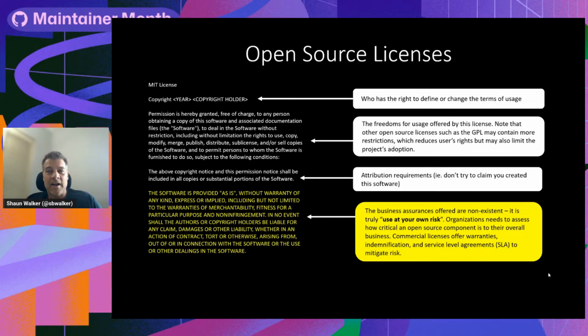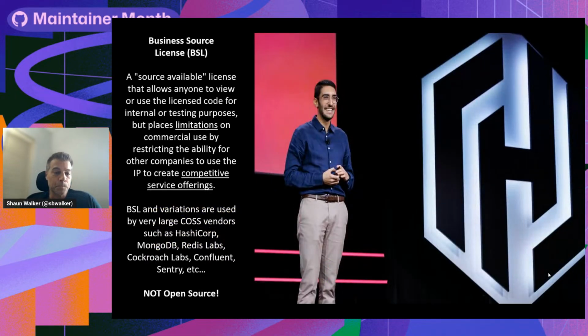But I find that a lot of people don't treat it that way. They expect it to provide the same level of service and warranty and guarantees that commercial software provides. But the open source license explicitly says that it doesn't provide those things, right? You are using it at your own risk.